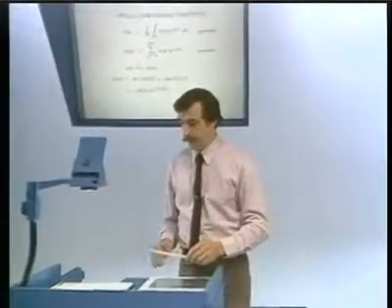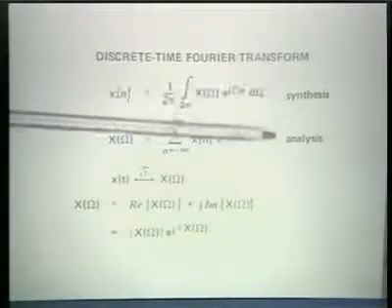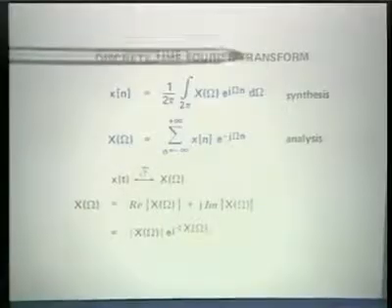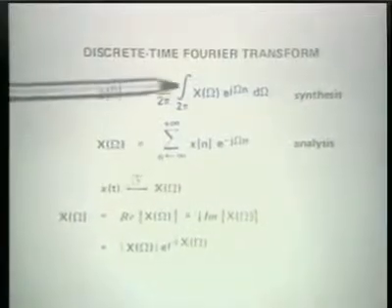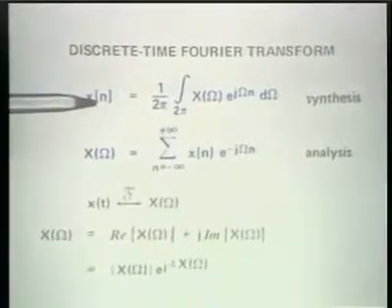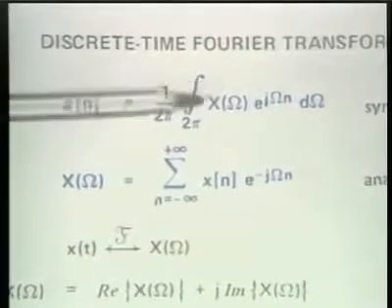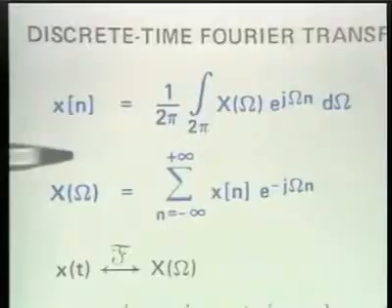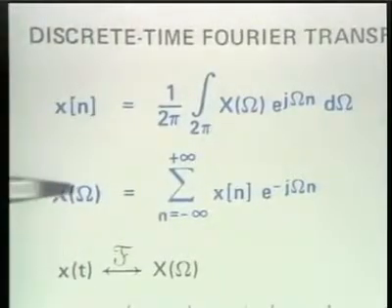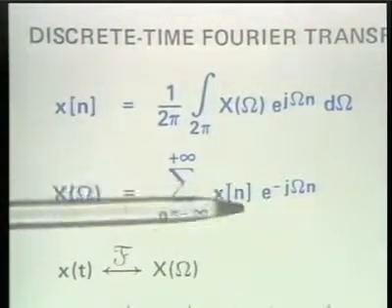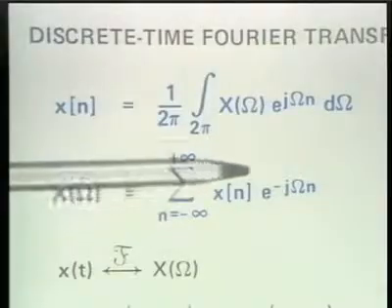Well, let's begin by reviewing the Fourier transform as we developed it last time. It, of course, involves a synthesis equation and an analysis equation. The synthesis equation expresses x of n, the sequence, in terms of the Fourier transform, and the analysis equation tells us how to obtain the Fourier transform from the original sequence.